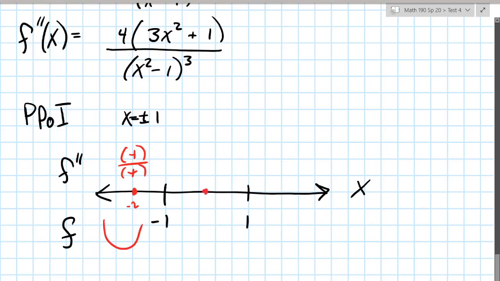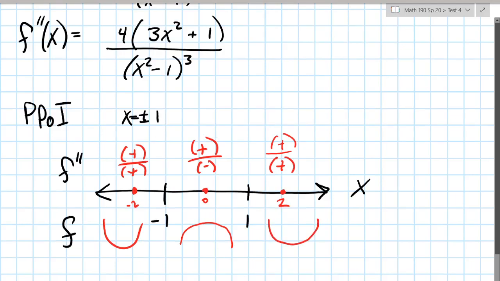Let's take 0 as our next test point. Top is positive. 0 squared is 0, minus 1 is negative 1. Negative 1 cubed is negative, so concave down. And then a 2 will give us the same kind of thing as we saw before. Positive over positive, concave up.